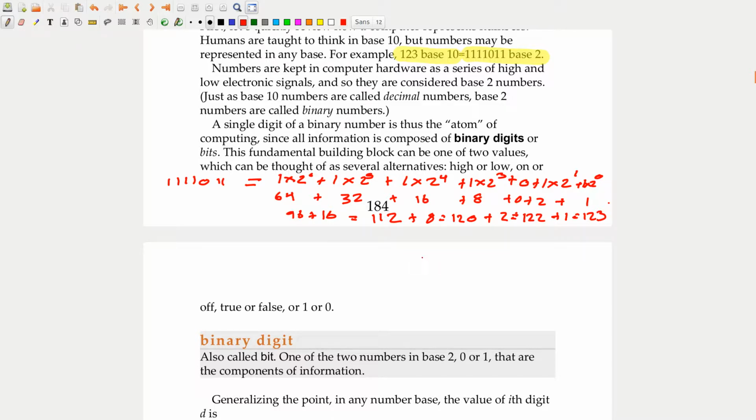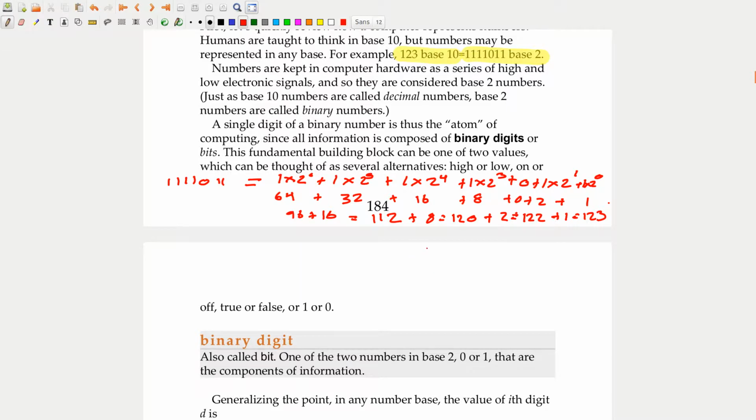For doing that, let's just look at something like 12. The way that you do this is you just divide by 2. So you divide 12 by 2 is 6, and you check the remainder. Let's make a little table.